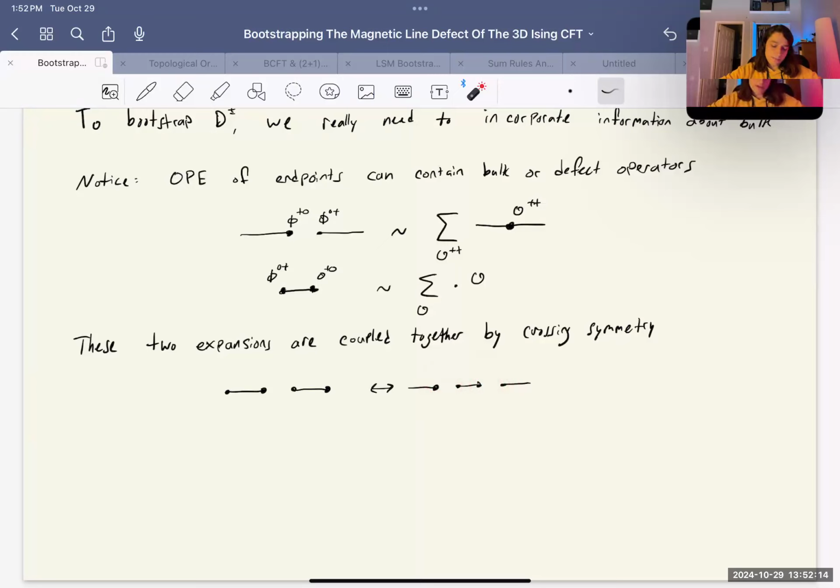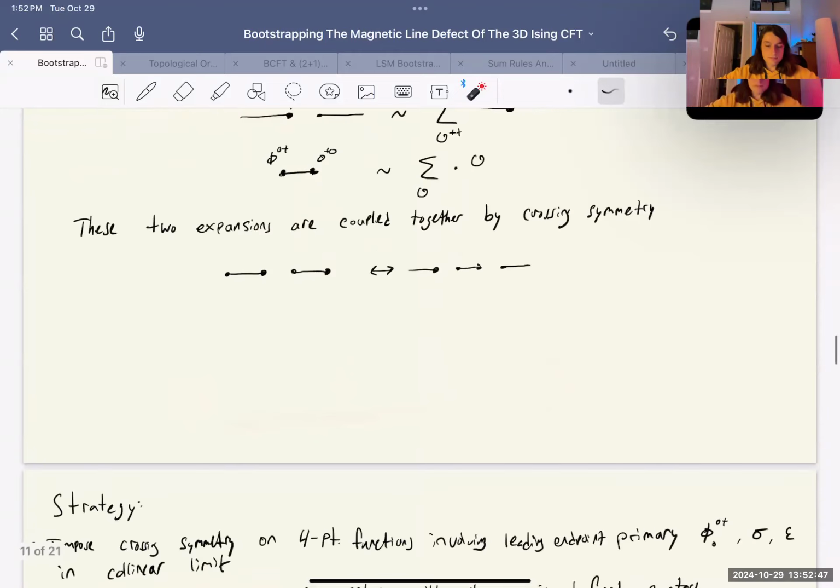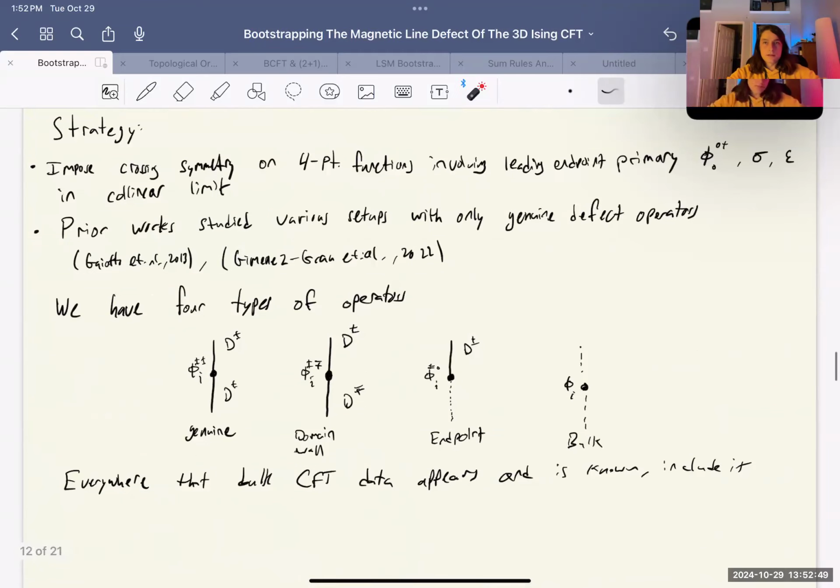And now, if you recall, in this channel, we're going to have a non-trivial factor of G because the defects at infinity are non-trivial. But in this channel, we don't have a factor of G because it's just the trivial defect. And so in these kinds of crossing equations, we're going to be sensitive to the value of G because the identity operator over here is going to contribute with a different prefactor than it is over here. So we can't just scale out G from the whole problem and forget about it.